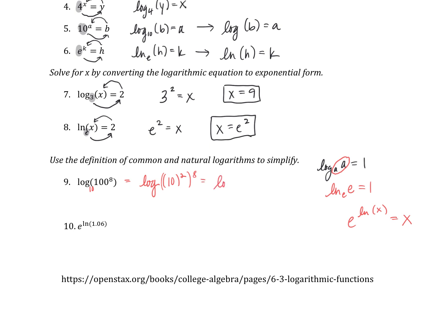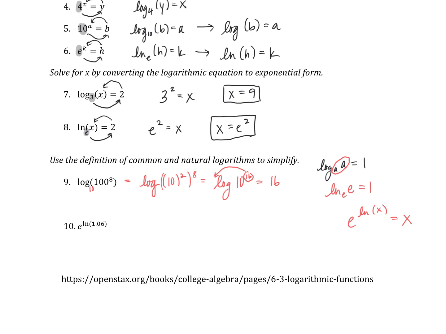So that would be the log of 10 to the 16th. And then since the log of 10 to the 10, those match, that will just be 16. This 16 comes down in front and multiplies by the 1. But in essence, you just get the exponent.